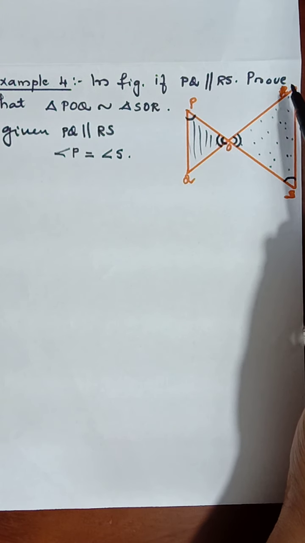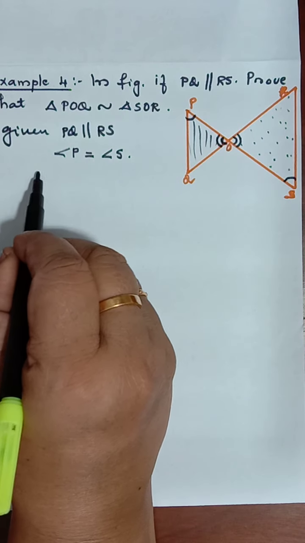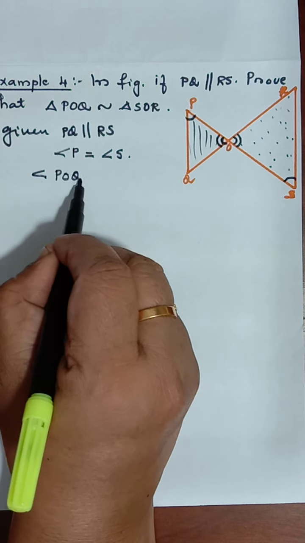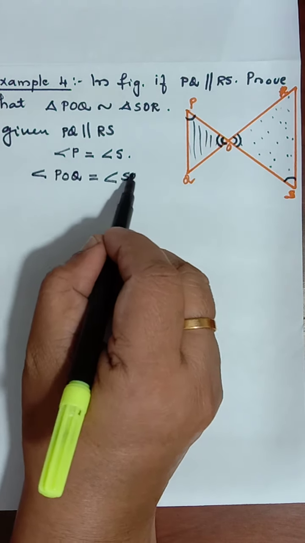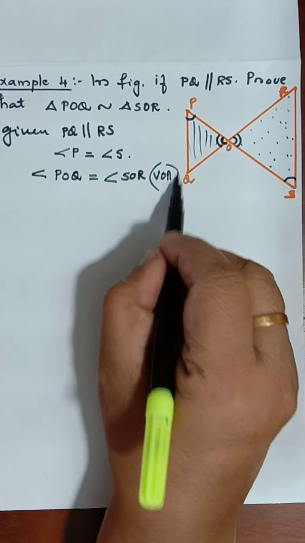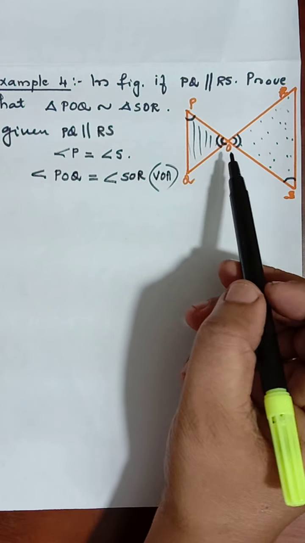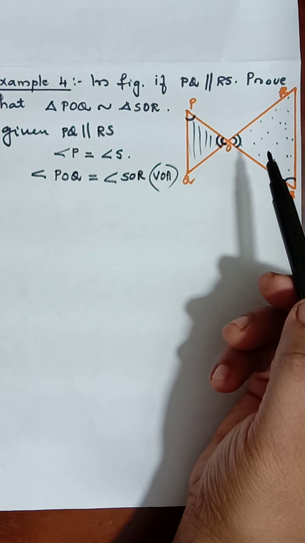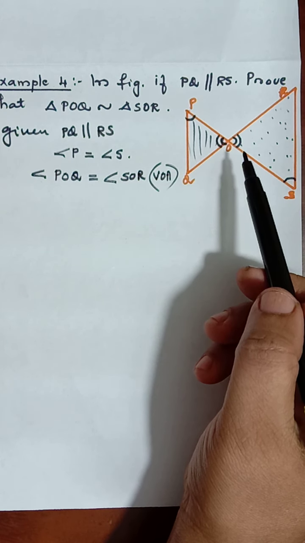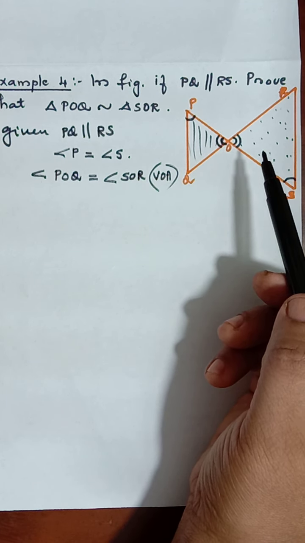Angle SOR is the same as angle ROS. Here angle POQ equal to angle SOR. Reason: vertically opposite angles. So when we get two angles equal, don't you say that it is the first similarity criterion by which these two triangles are similar? Which is the first similarity criterion? Isn't it AA similarity? Or we can say AAA similarity.